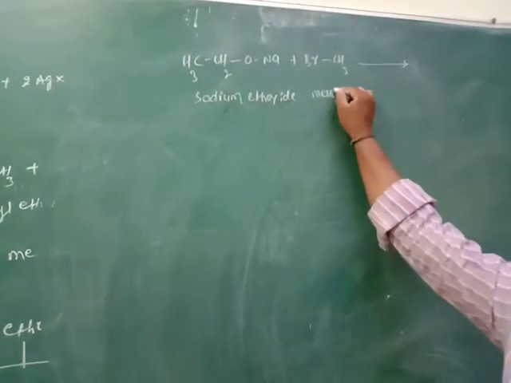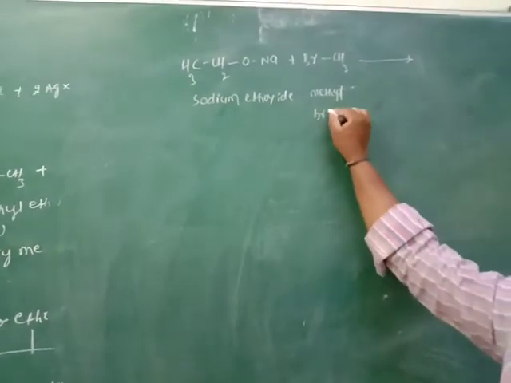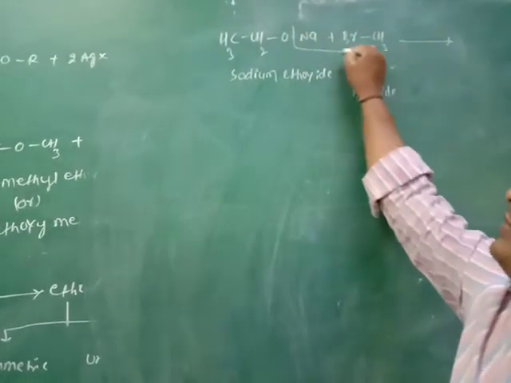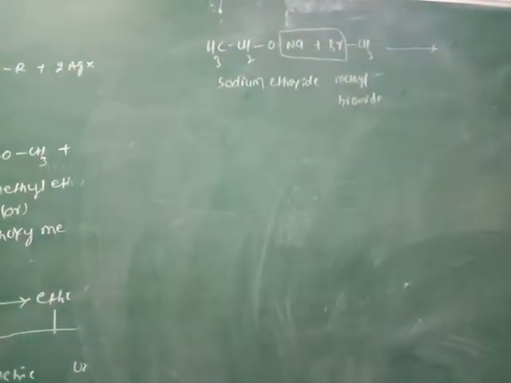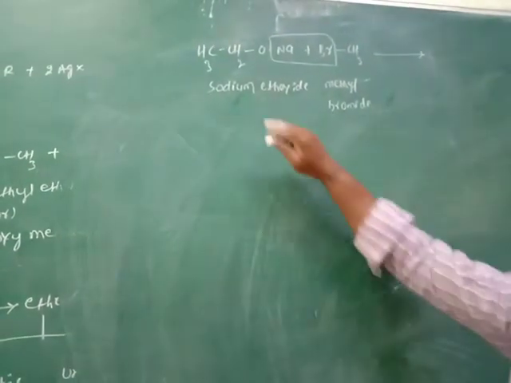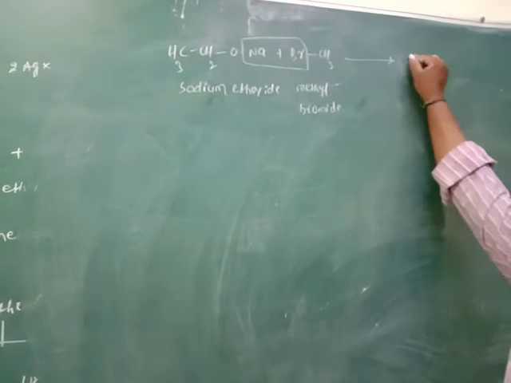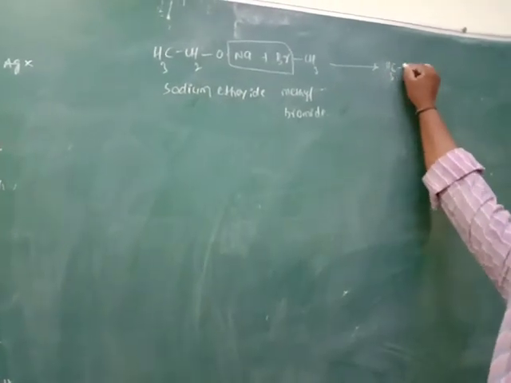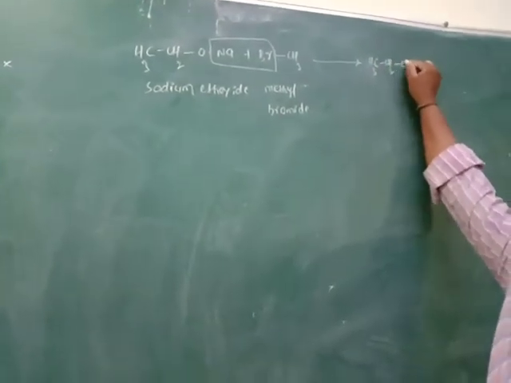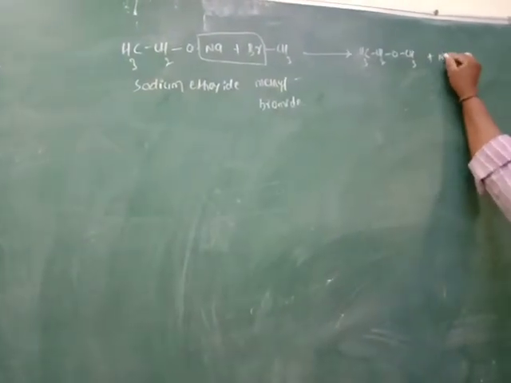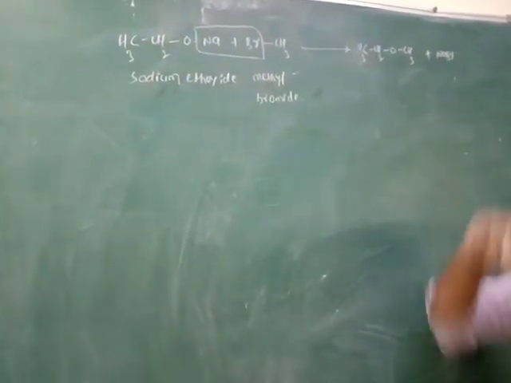Sodium combines with Br to give sodium bromide. The remaining compound is CH3-CH2-O-CH3, plus sodium bromide.